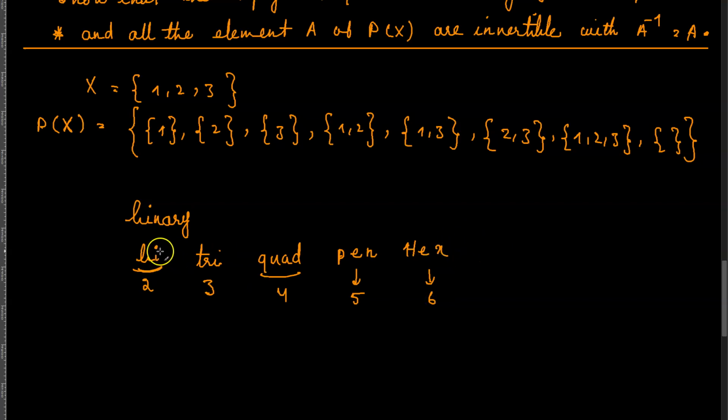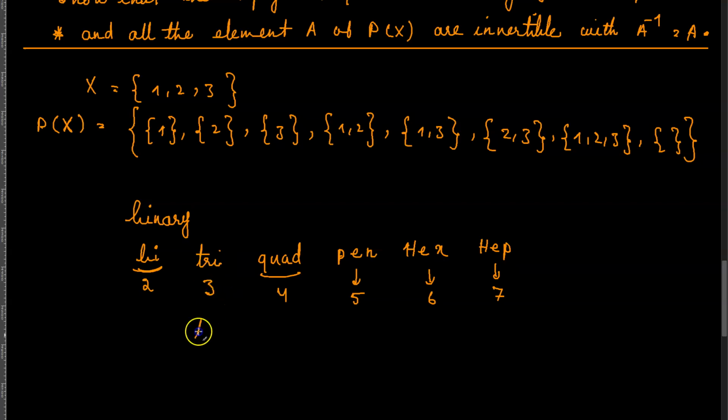These must come from some language, probably Greek or some other language. And you have pentagon, hexagon, and then heptagon. HEP must refer to 7. I'm not sure about these, but for binary we already know what that means.